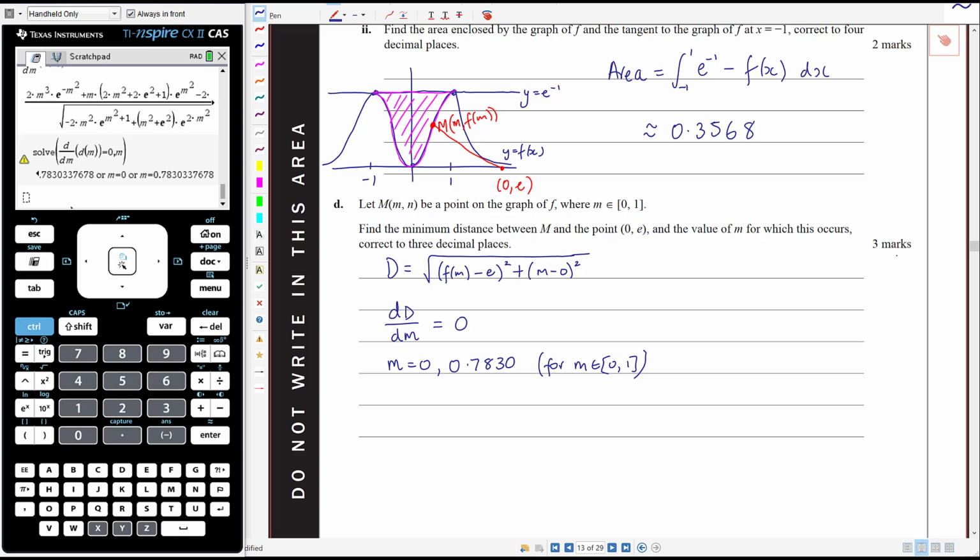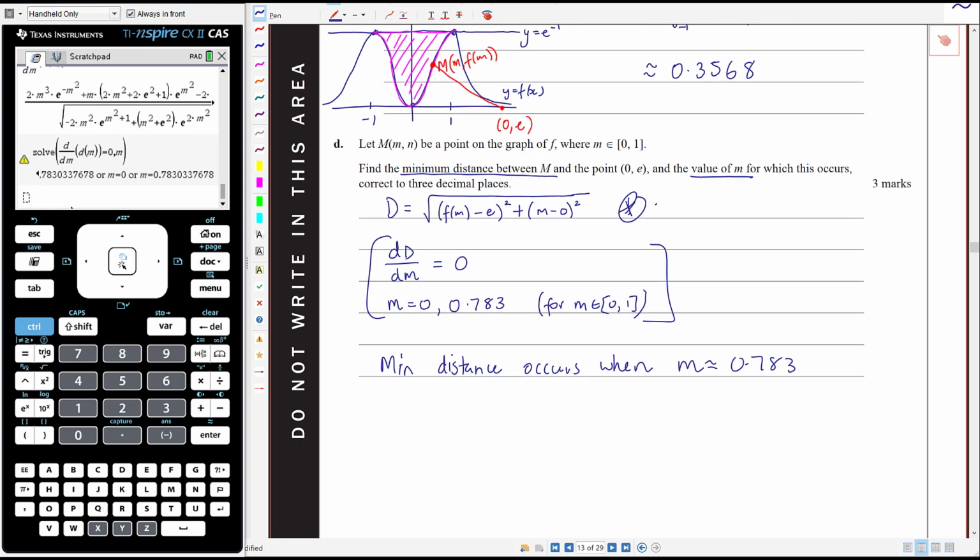So let's be clear, find the minimum distance between M and the point and the value of m for which this occurs. Oh, okay. 3-mark question actually, I think, giving you the distance function, and then it does ask you for two things: the minimum distance and the value of m. So we probably don't need this. We could probably just say min distance occurs when m equals 0.7830, so, sorry, 3 decimal places, so 0.783.